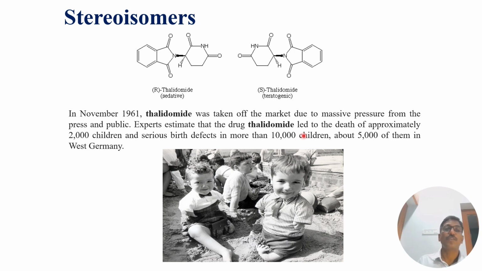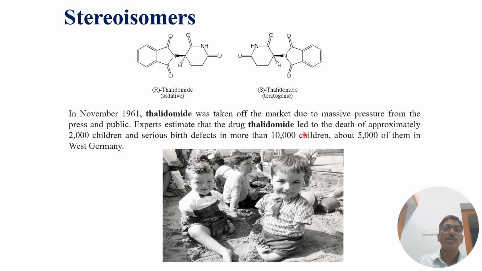After this incident, it was decided that all molecules having a stereogenic center or optical activity should be explored in depth for their biological activity. As we all know, enantiomers have the same physical property and the same chemical property, whereas they have different biological properties.